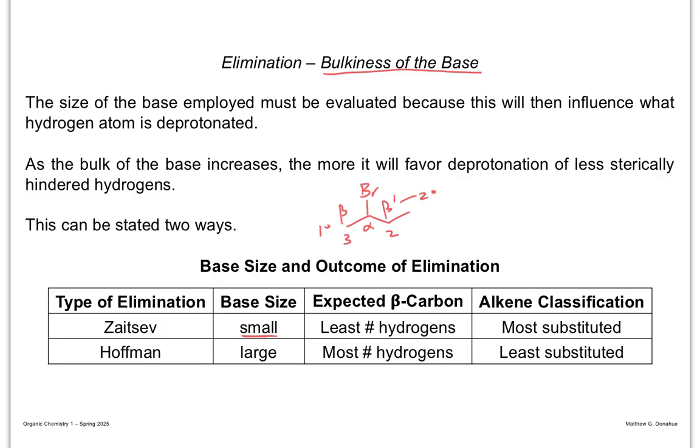This gets back to alkene stability. For example, in the 2-bromobutane, if we were using a small base, we would expect it to go after the beta prime carbon that only has 2 hydrogens, because the elimination there is going to form the more substituted alkene.